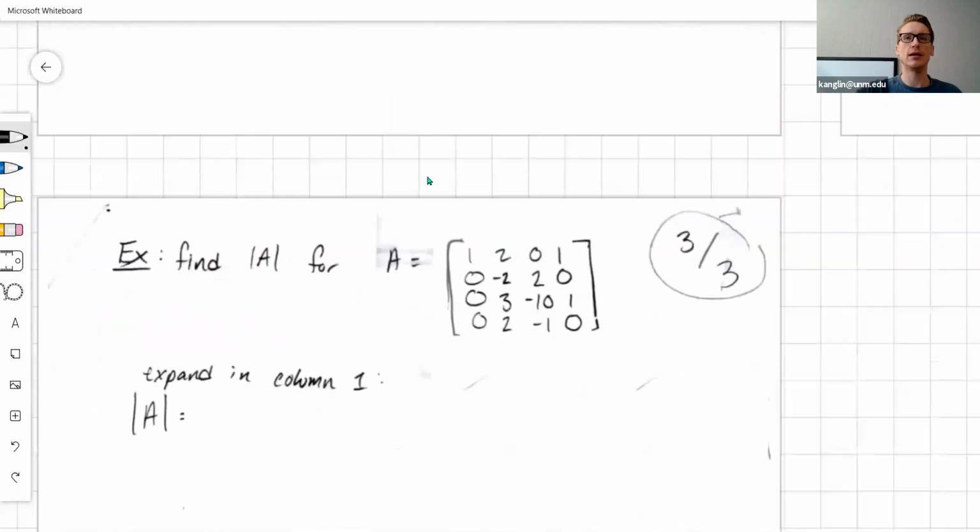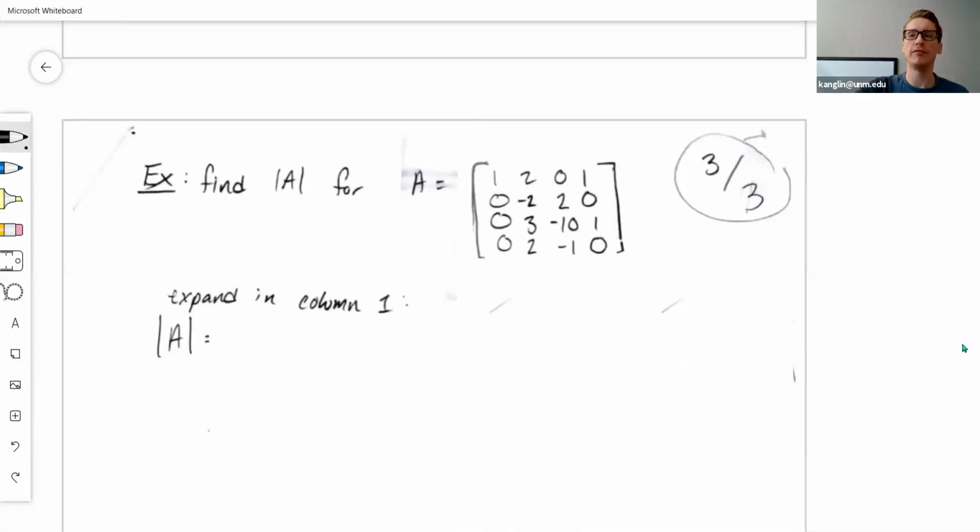So let's see, in all its glory, computing one of these determinants. Let's find the determinant of A for this big matrix A. And I'm going to choose here, as I've written, to expand in column 1. Notice that it has the most zeros. So as I add up the products of the entries in this column with their corresponding cofactors, the entries themselves are going to cancel out the cofactors for these 3 entries.